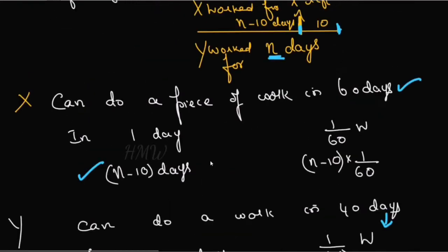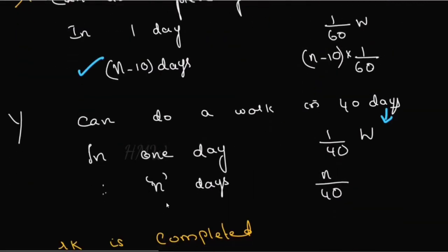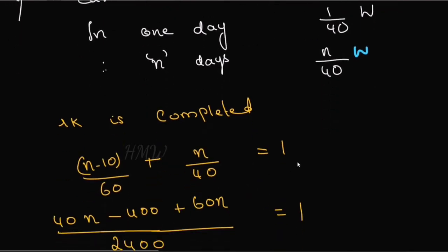Now Y is working for how many days? Full N days. So in N days, Y can complete N by 40 of the work. Now, the work is completed, right?